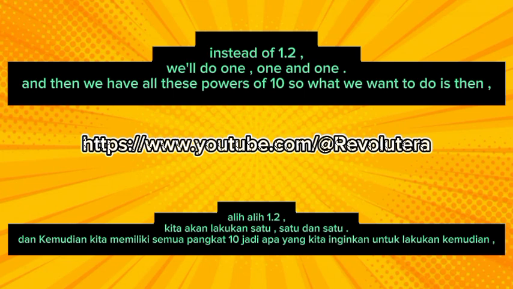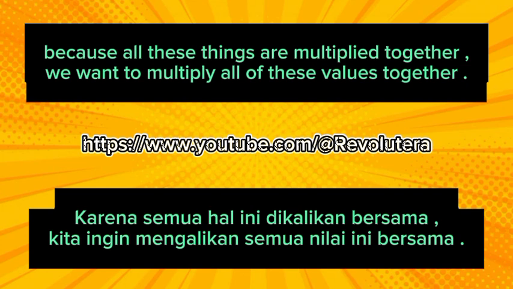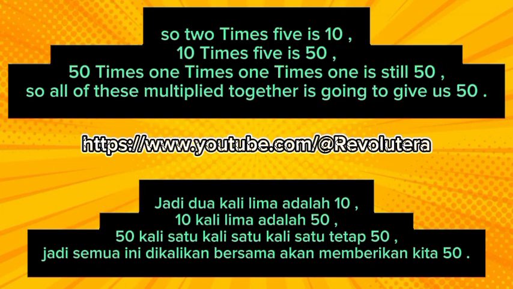Because all these things are multiplied together, we want to multiply all of these values together. So 2 times 5 is 10. 10 times 5 is 50. 50 times 1 times 1 times 1 is still 50. So all of these multiplied together is going to give us 50.